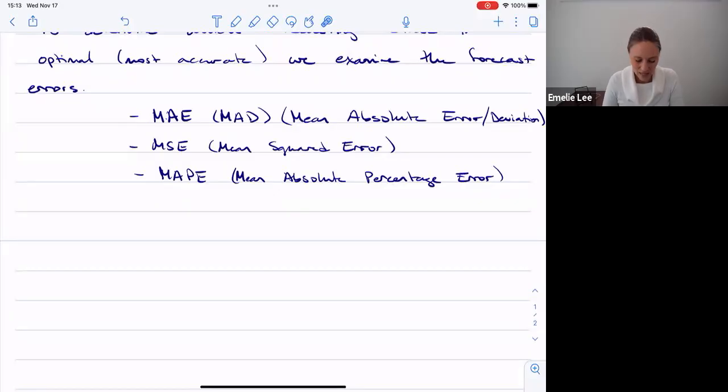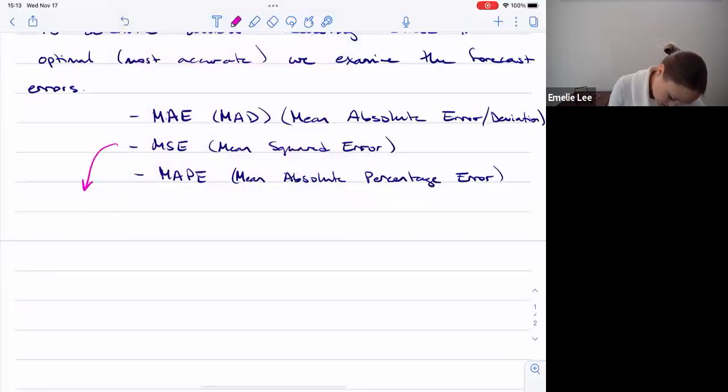And so usually what we do, and what we're going to find today and solidify today, is if you have to pick just one, use the mean squared error.